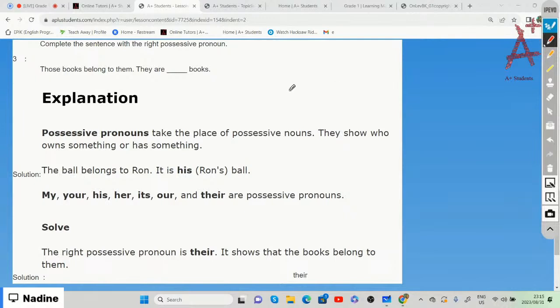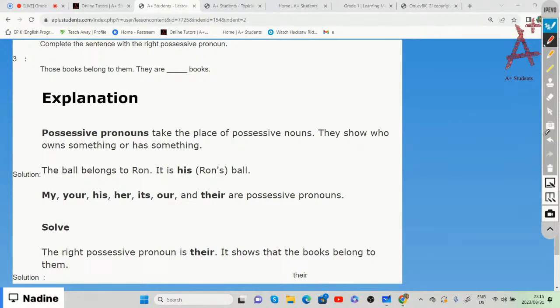Their books. All right. So we then said that the books belong to them. They are their books, right? Because it shows they belong to them.